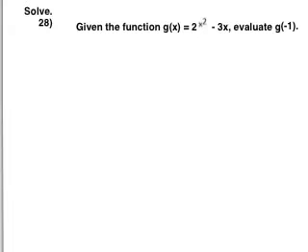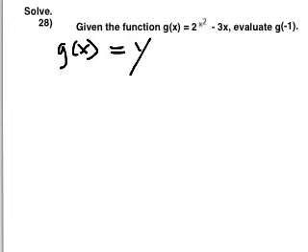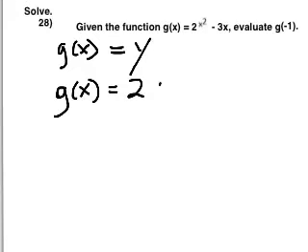All right, the function notation, like g of x, is the same thing as y. Okay, so here this function says g of x equals 2x squared minus 3x.